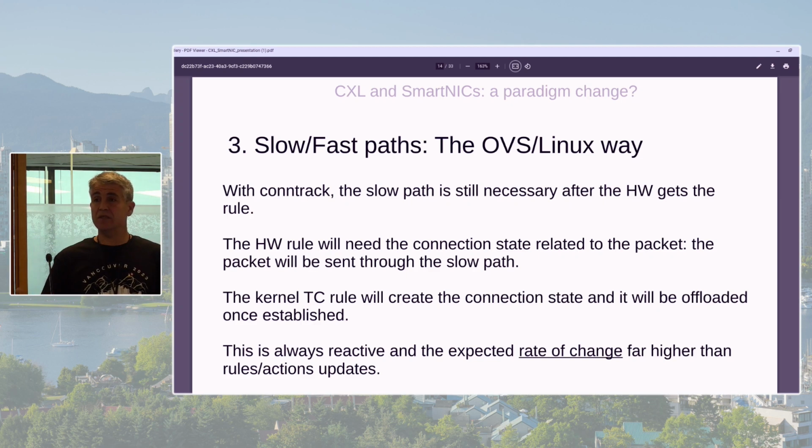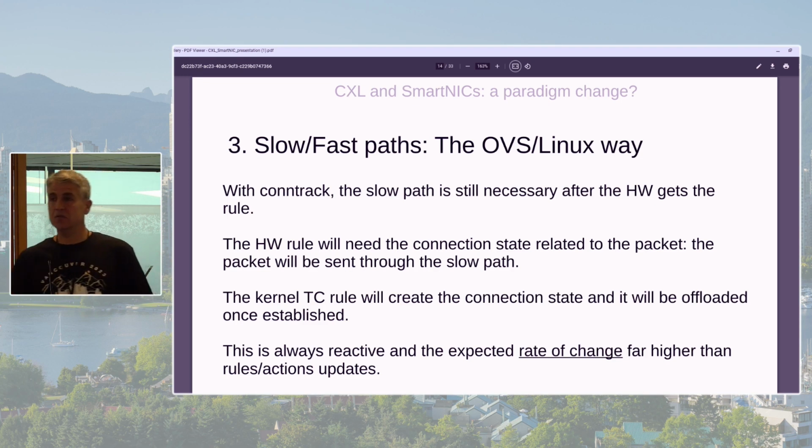But with conntrack, it's even more demanding because assuming you have, for example, a server in a VM, you will have clients connecting. And if all that needs to go through the kernel for establishing the connection, with a specific source IP and destination IP, then it needs to be offloaded. So it's quite demanding if you think about the rate of change that is required.